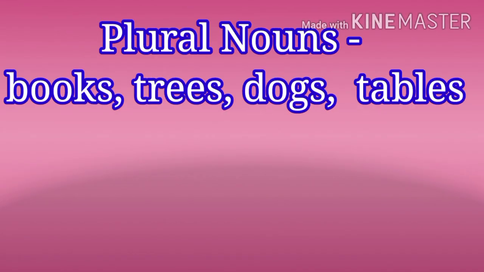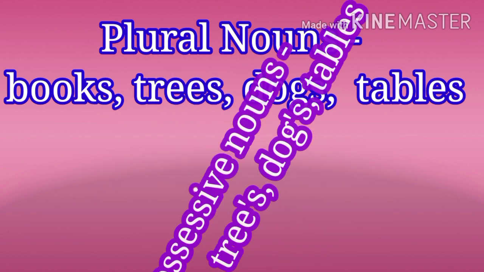We studied about singular nouns and plural nouns. We also said that singular nouns are made plural by adding s along with it. So remember children, whenever you are forming plural nouns from singular nouns, the s is written without an apostrophe.